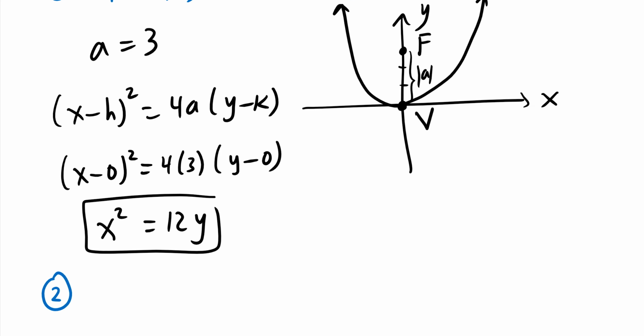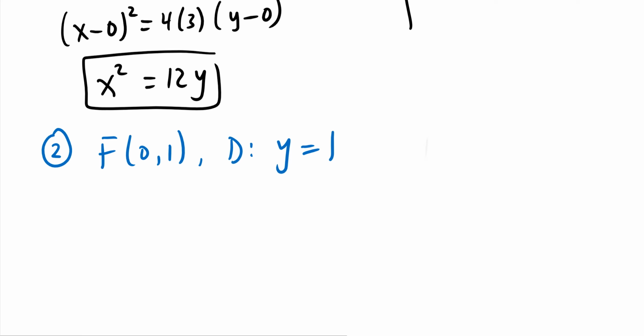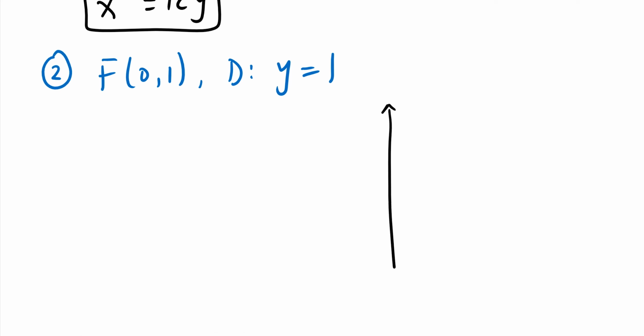Next one, let's look at another example. Focus is (0, 1), directrix y equals 1. Again, plotting the given is the easiest tool to help us solve this. (0, 1), that's the focus. y equals 1? No, that doesn't work.